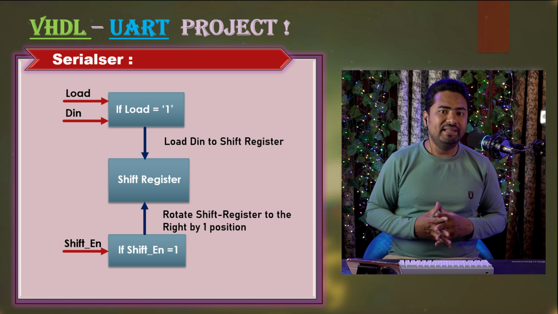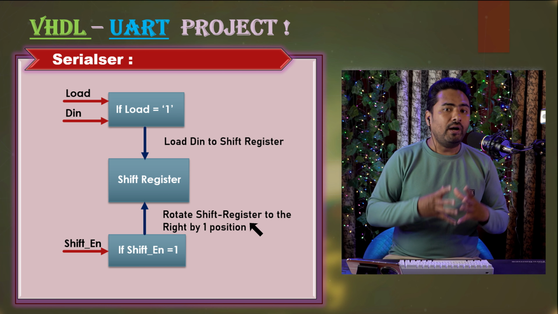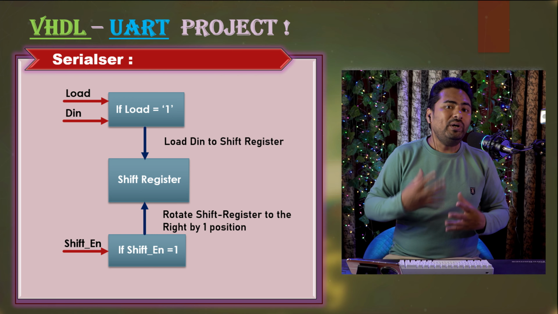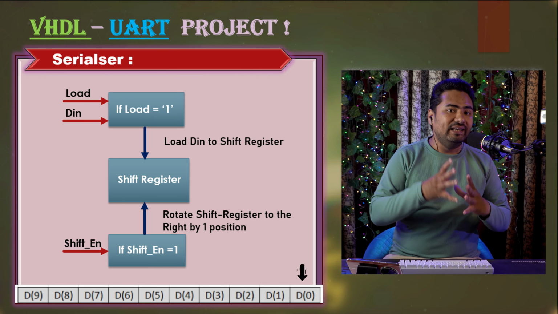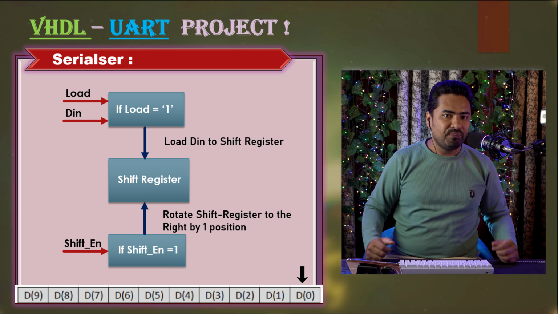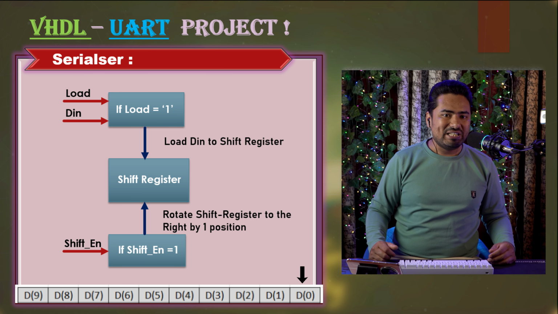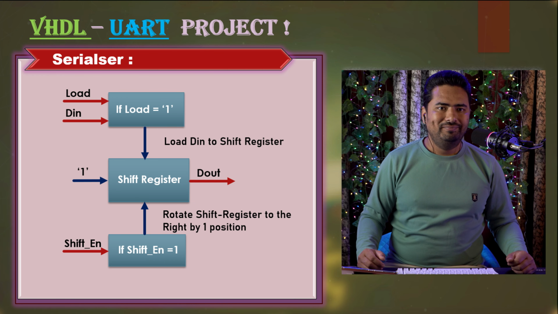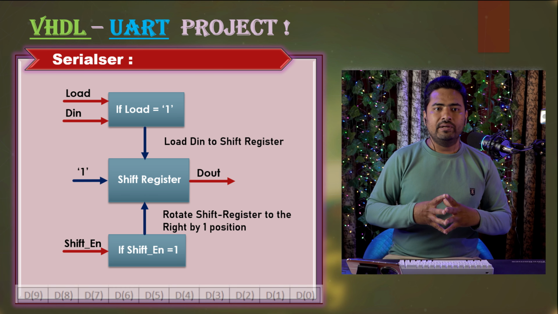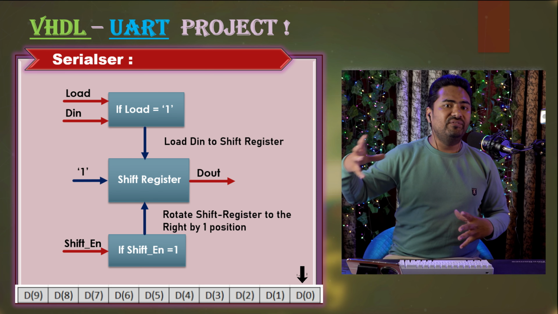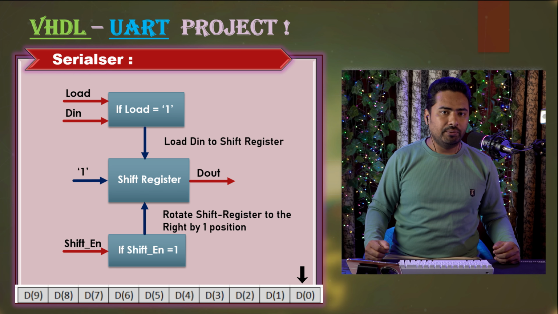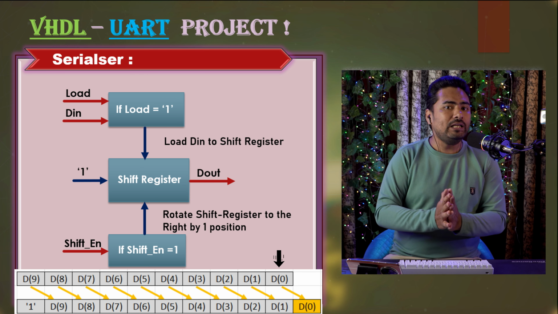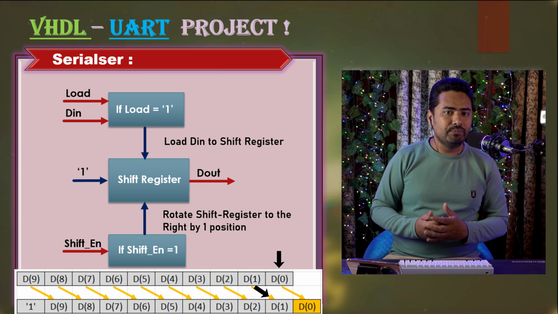Now the question is, why are we rotating data to the right, not left? Because the RS-232 protocol transmits the least significant bit first, meaning LSB first, and then it transmits the MSB last. So we will transfer the least significant bit of this shift register, and once it's transmitted, we will replace this LSB with the next transmitting bit.